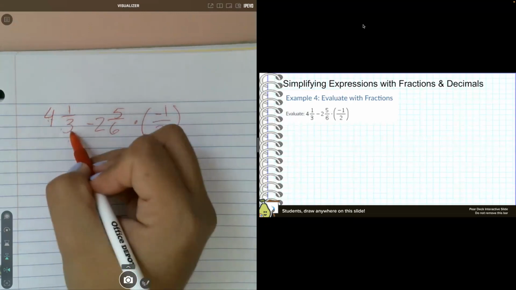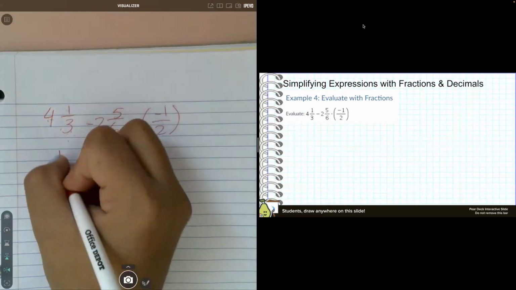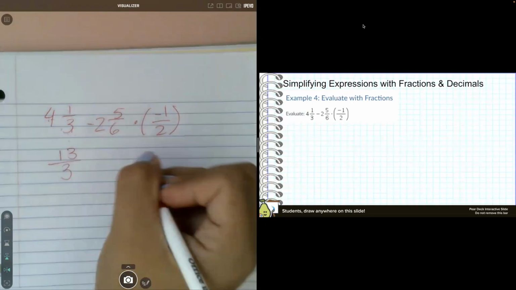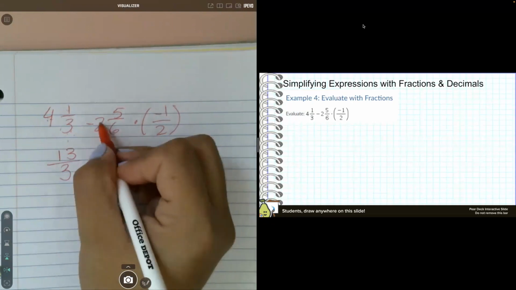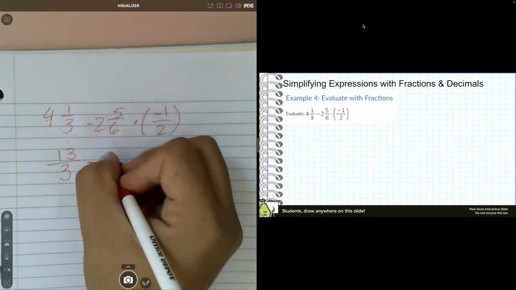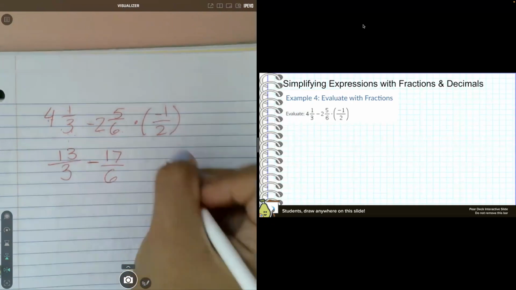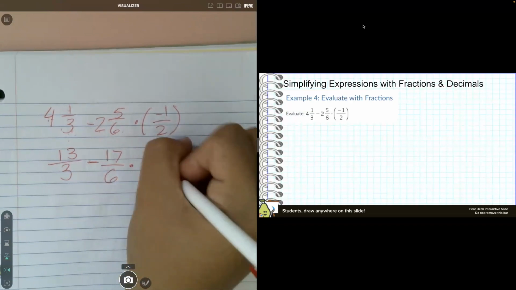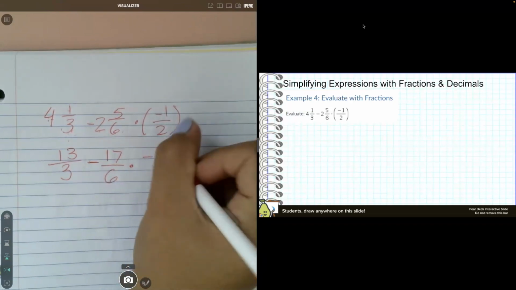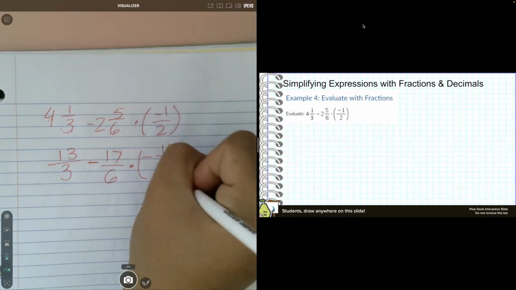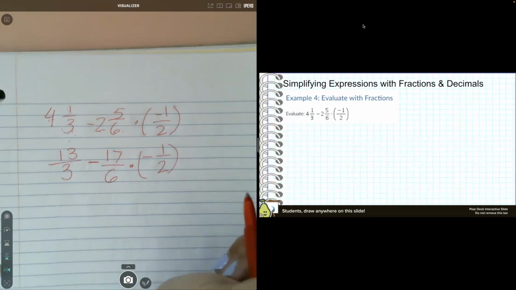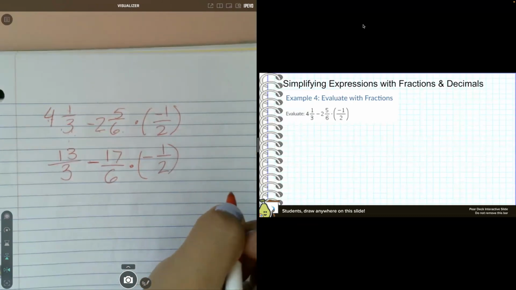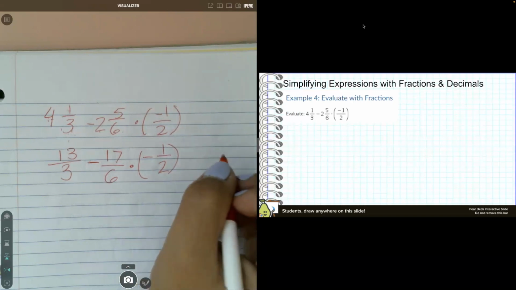So here 4 times 3 is 12, plus 1 is 13, so I have 13/3. Here I'm going to subtract 2 times 6 is 12, plus 5 is 17. I have 17/6. I'll multiply that by negative 1 over 2. It's just a regular fraction, not a mixed number, so I don't have to change it at all.